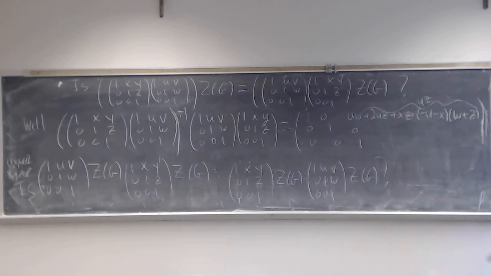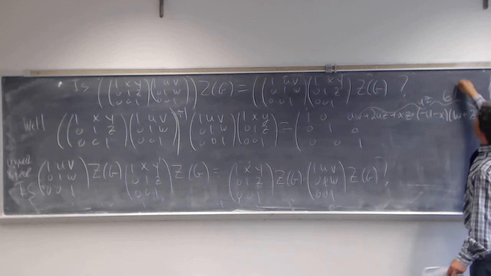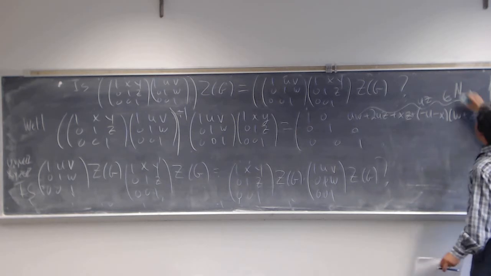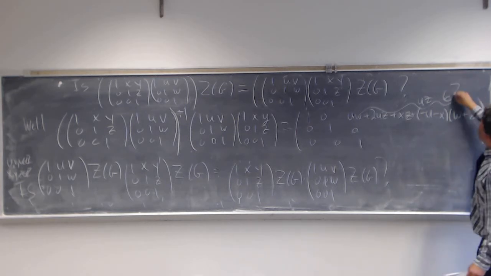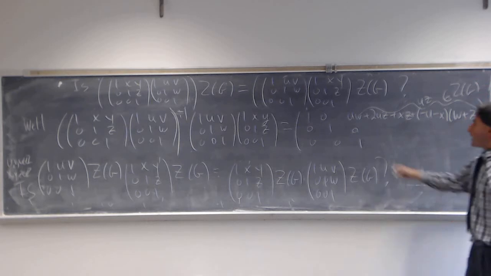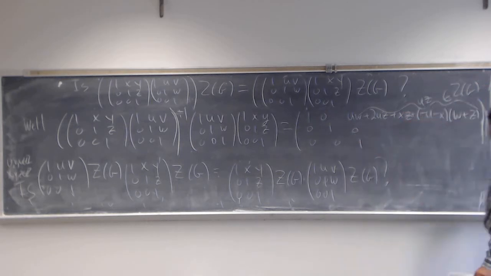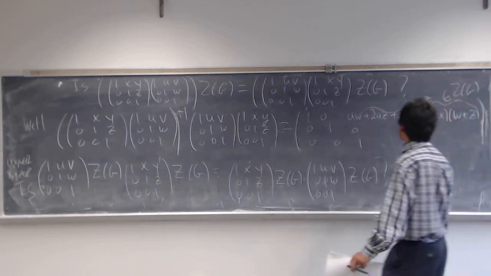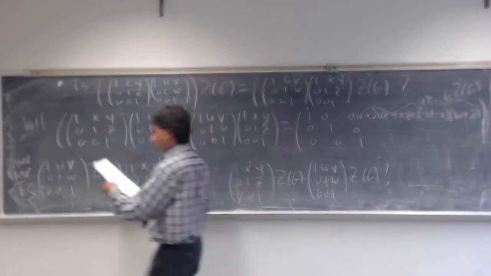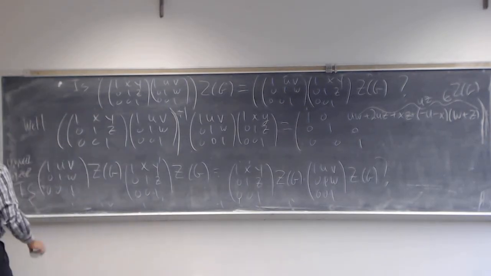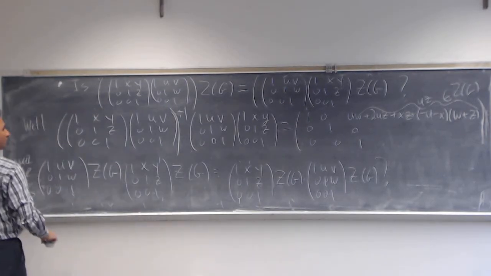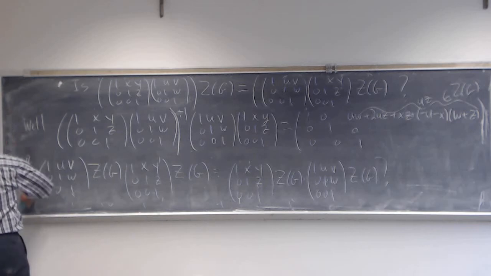So why is that? Well, with this in mind, this matrix here is an element of the center, right? Because it's got zeros in these two spots. So what we have then is the following.